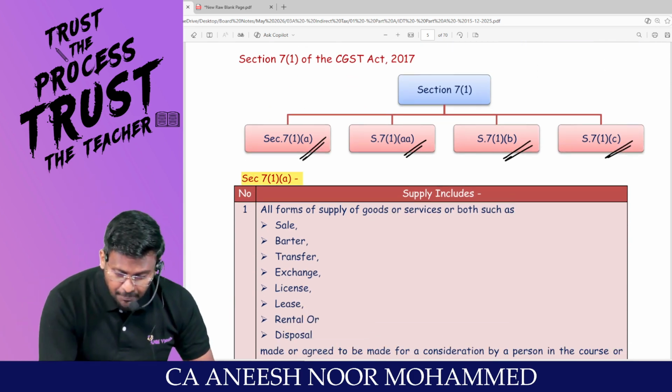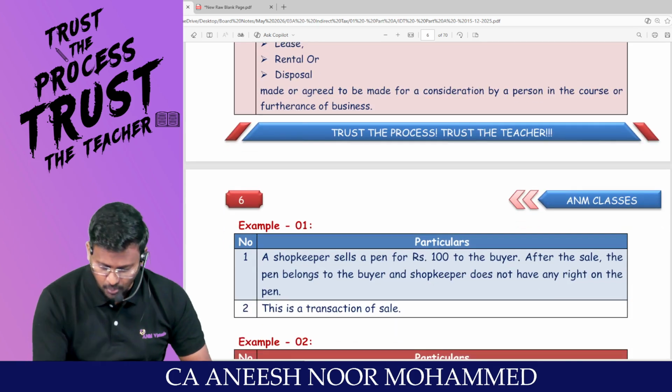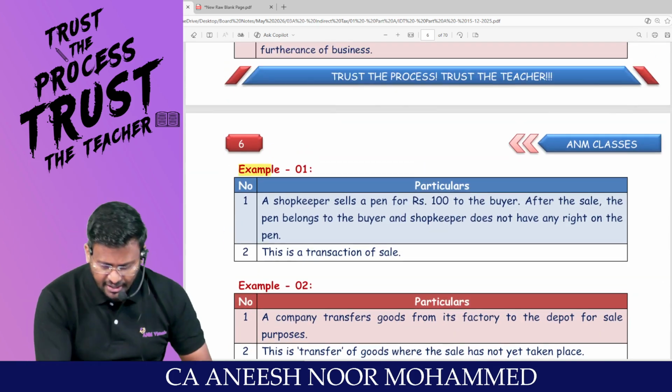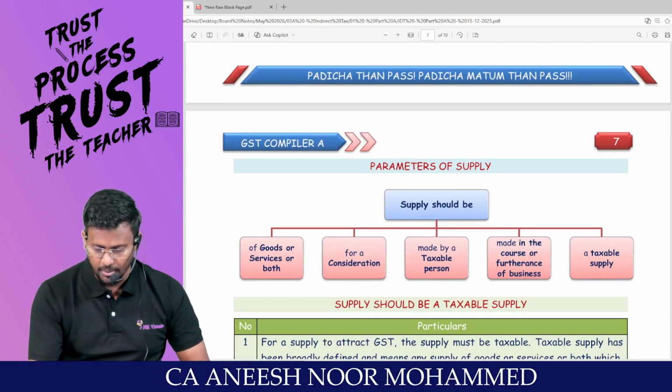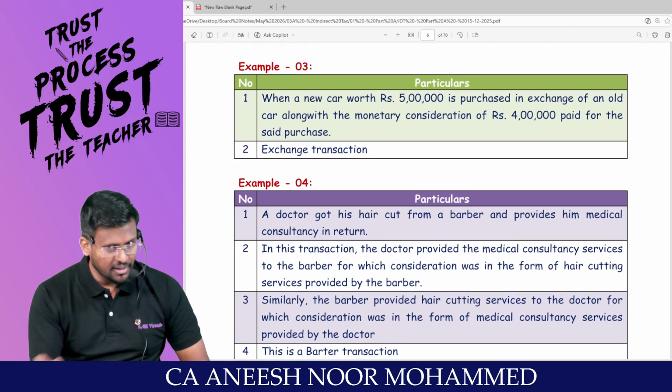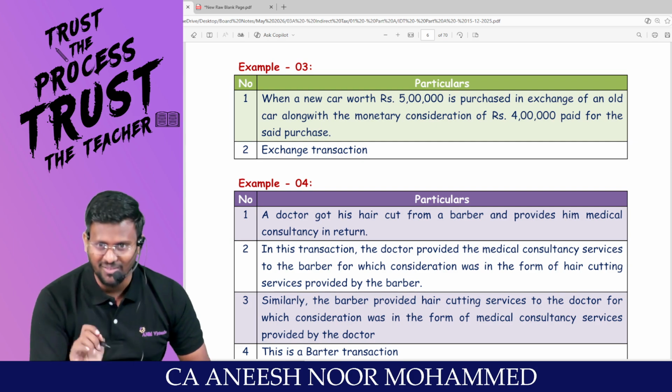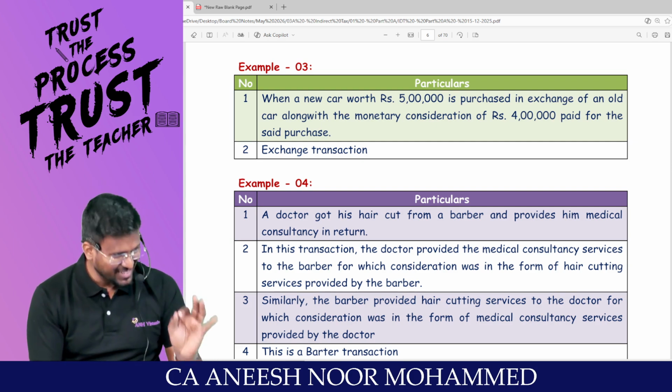Each and every subsection we will be analyzing, 7(1)(a) with each and every example, to understand what it is all about. Are you all really with me? That means section 7 is the outline.